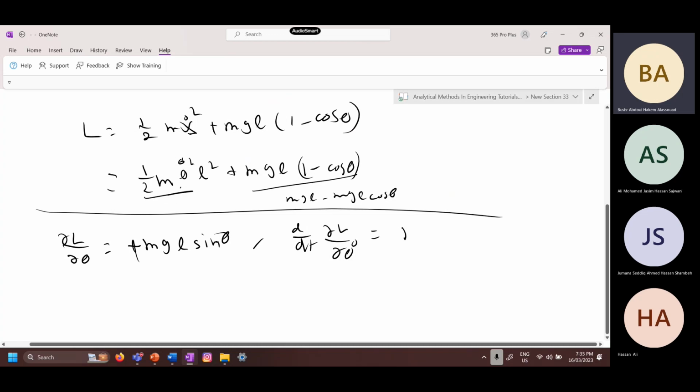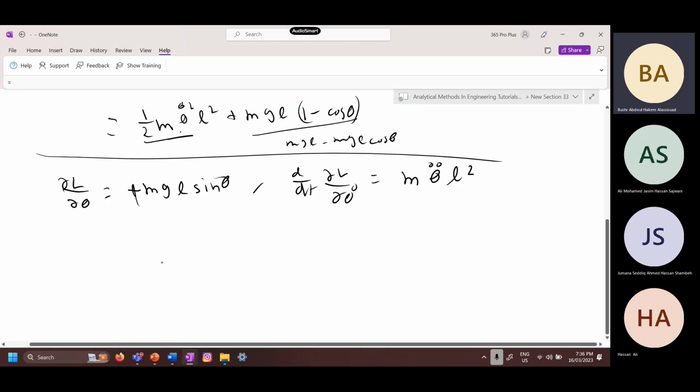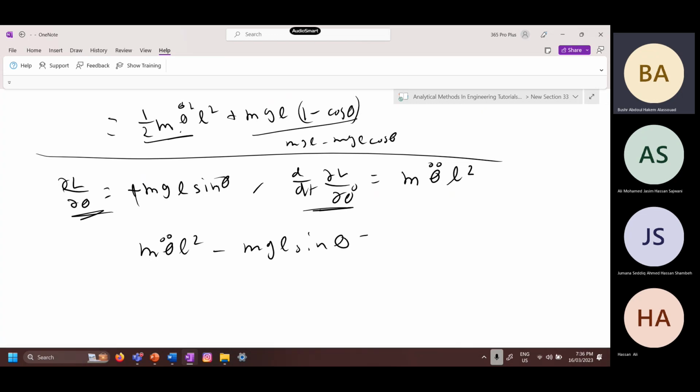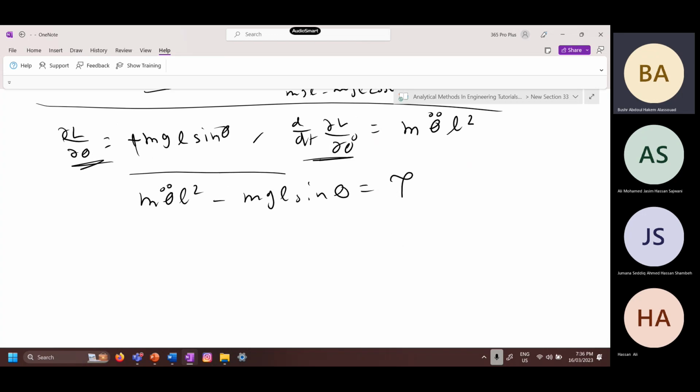So we'll get m theta double dot l squared. Now just apply the mechanical model equation: m theta double dot l squared, as again this one, minus this one, minus mgl sine theta equals T, the torque. Okay, you got this equation.